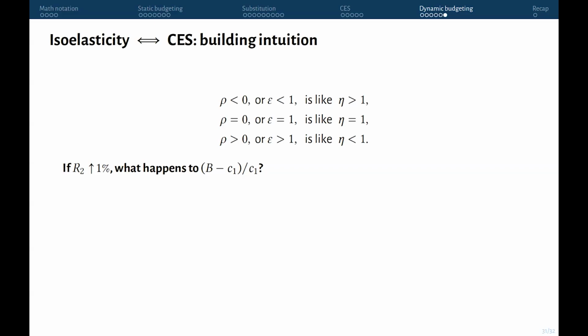You have to pay for it. So if the price of good 2 goes down by 1%, and the relative demand for consumption in the second period goes up by epsilon%, then this whole thing should rise by epsilon minus 1%.